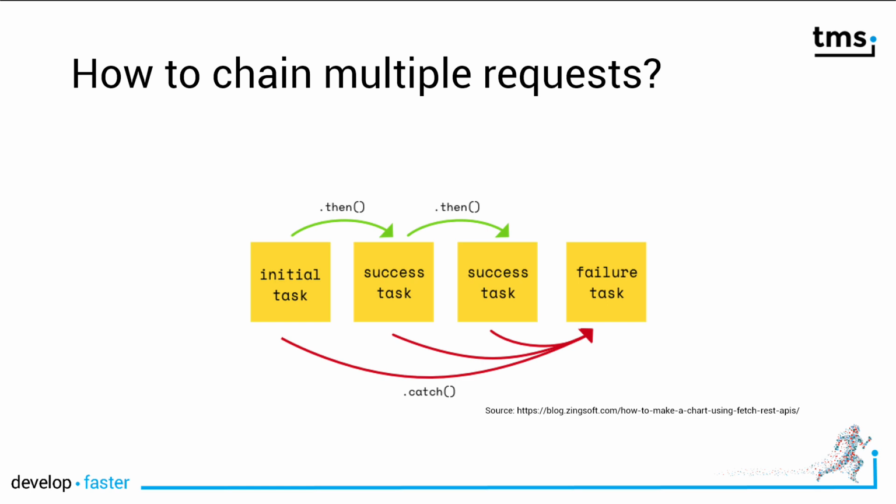And promises give you the way to simply say, request this, then request this, and then request that. And the best thing is, if there is an error in any of the requests, you can catch them all. And that's exactly the terminology the framework from TMS is also using. They use then to process successful promises, and they use catch to catch the reason why something failed.